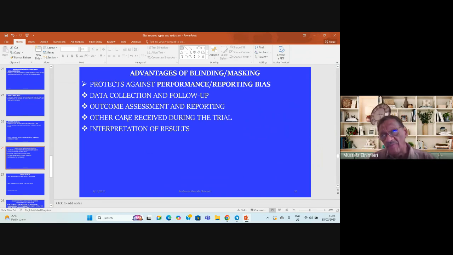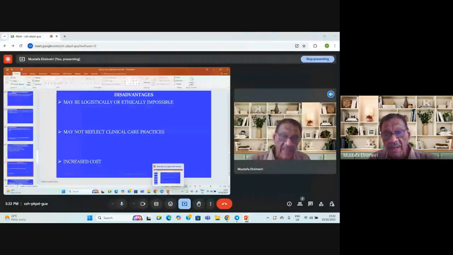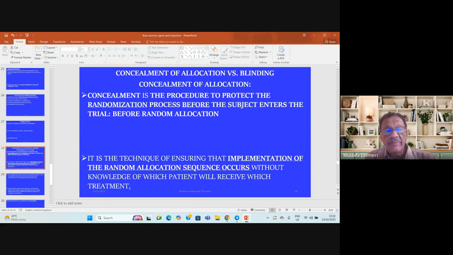These are very important sources of bias that can be prevented through masking or blinding, as we have mentioned. The disadvantages of blinding are that it may be logistically or ethically impossible, may not reflect clinical care practices, and it definitely increases the cost of the trial.